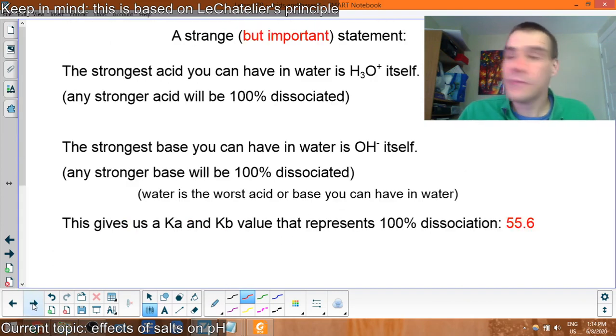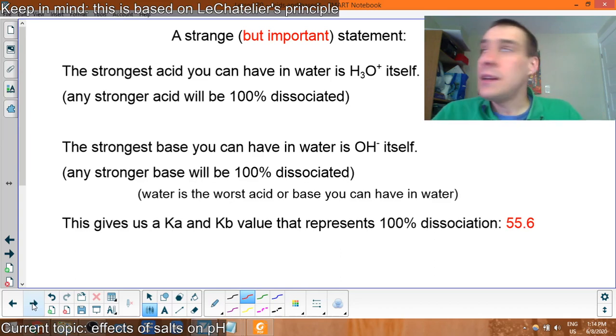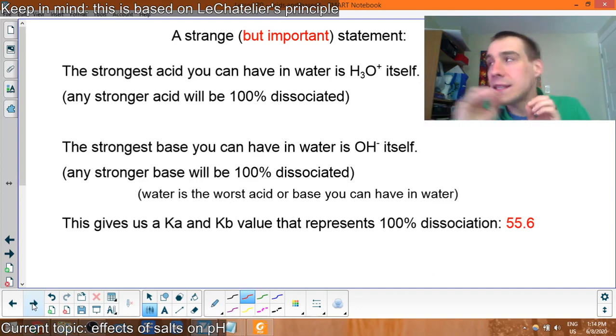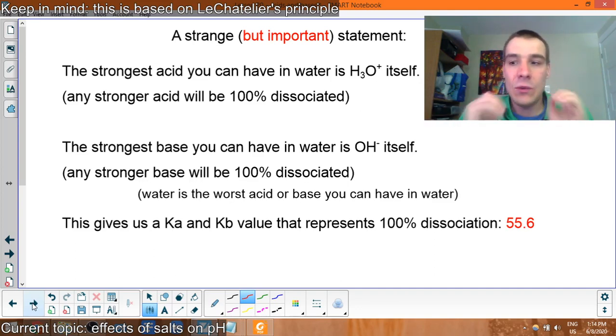And the last little piece here is this statement: weak acids have a strong conjugate base, and weak bases have a strong conjugate acid. The absolute weakest acid you can have in water is the water, right? Because water by itself, by definition, is neutral.